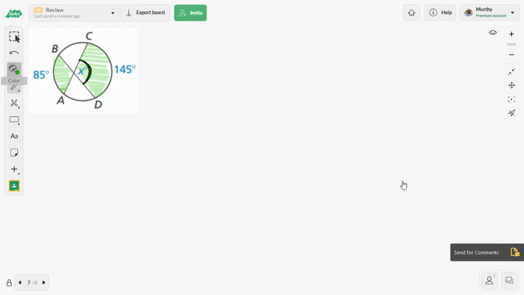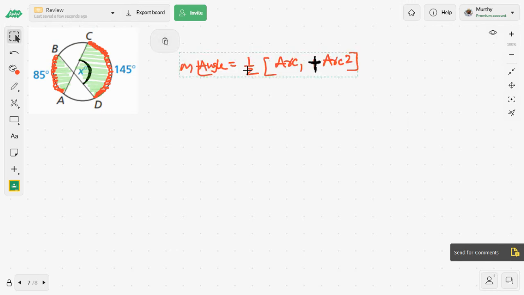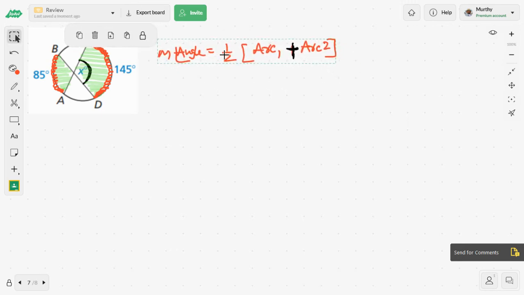Okay. And now I notice that this is given 145 degrees, and this one is given as 85 degrees. Please remember that when you are asked to find the measure of the internal angle, this is the condition we take.